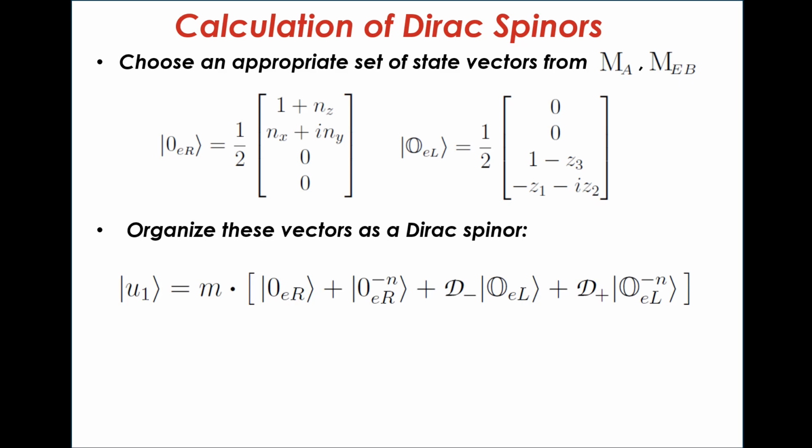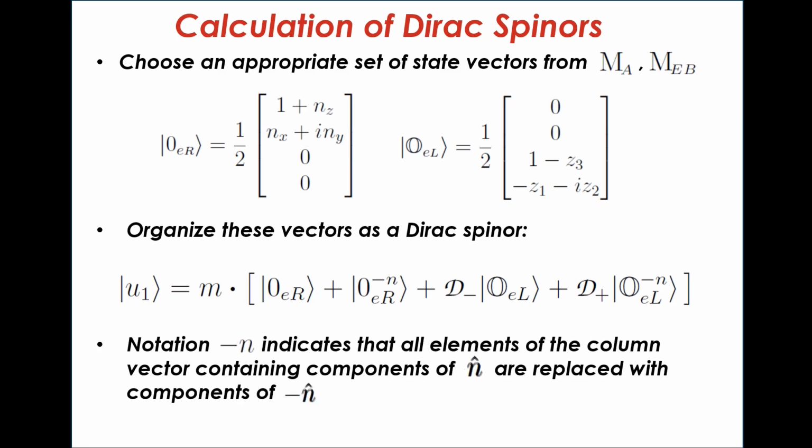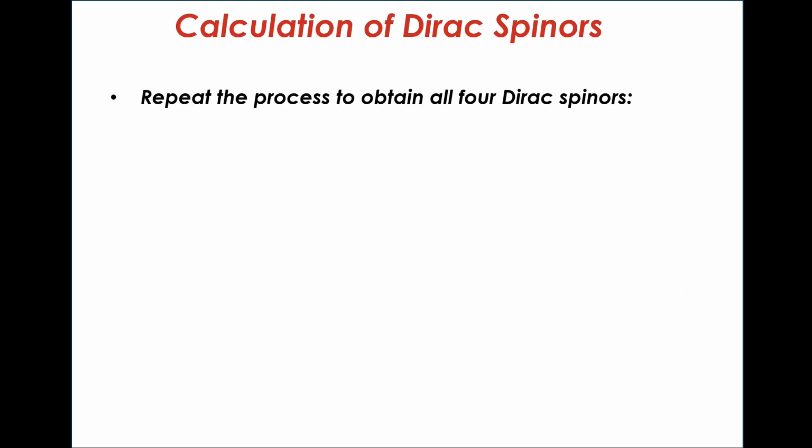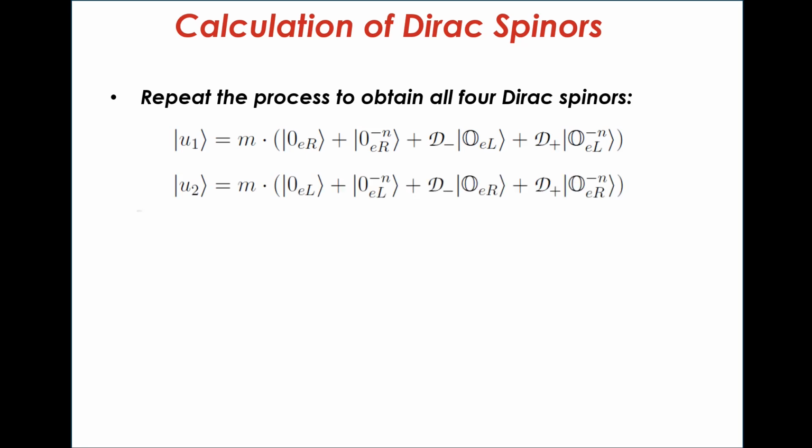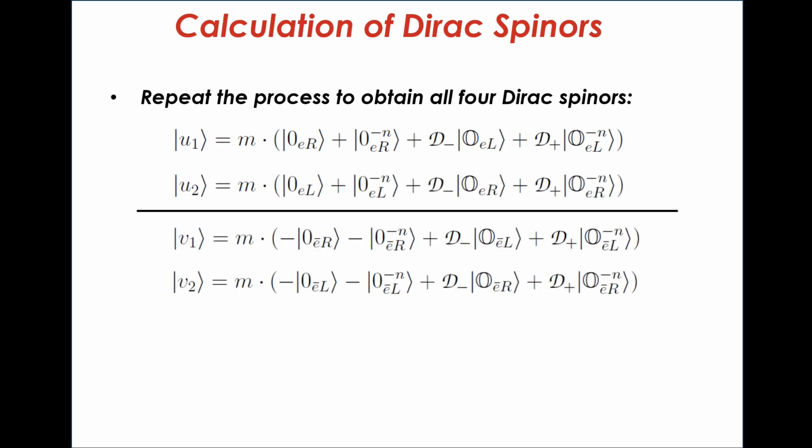Here, the notation -n in the eigenstates indicates that all elements of the given column vector containing components of n are to be replaced with the components of -n. We have calculated one eigenstate, but not surprisingly, astute choices of the remaining state vectors can also be combined to produce the remaining 3 Dirac Spinors. This completes our stated goal to derive Dirac Spinors in the chiral representation.